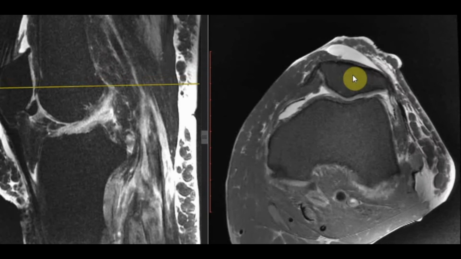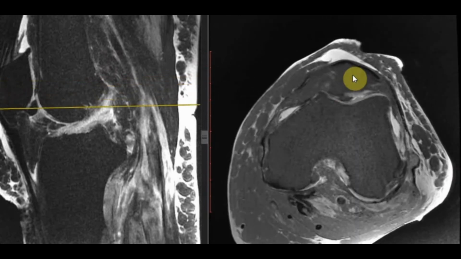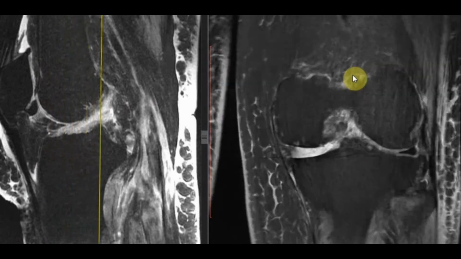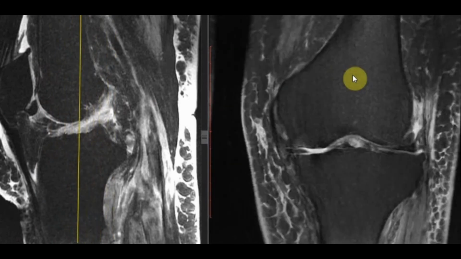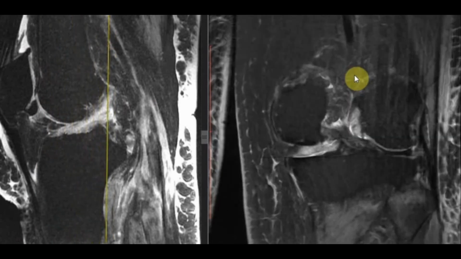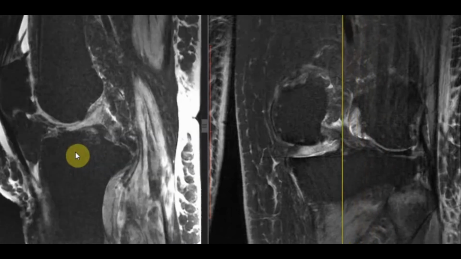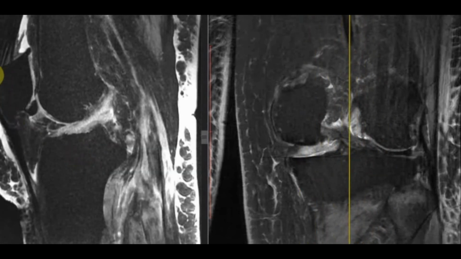So this patient has changes of osteoarthritis, and superimposed over the osteoarthritis, the patient has symptoms related to trauma, like cruciate ligament injuries and meniscal injuries, and besides that, the patient has a Morel-Lavallée lesion anterior to the patella and patellar tendon.